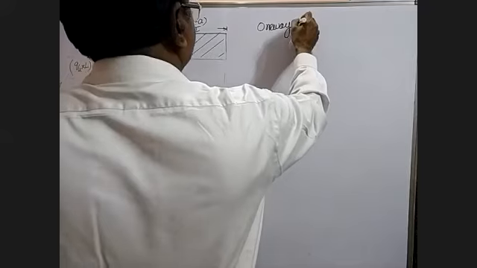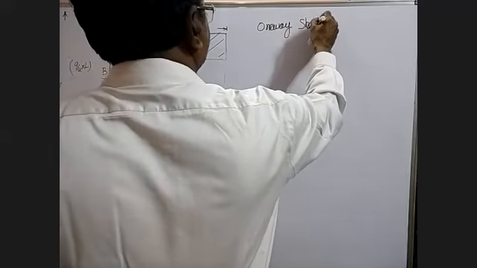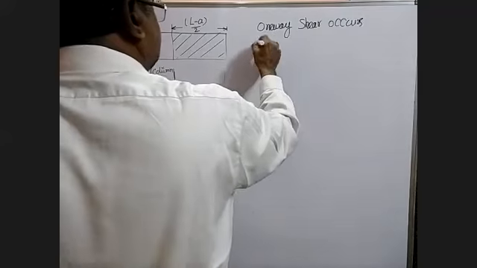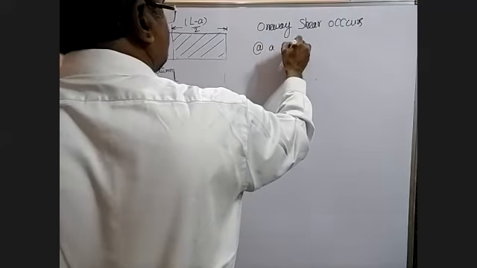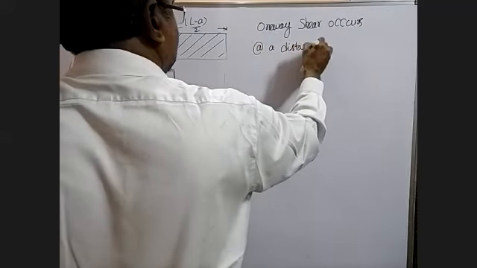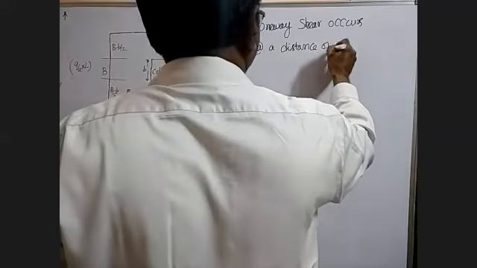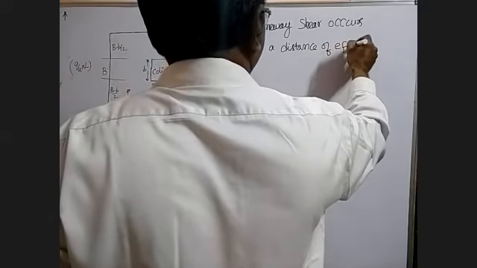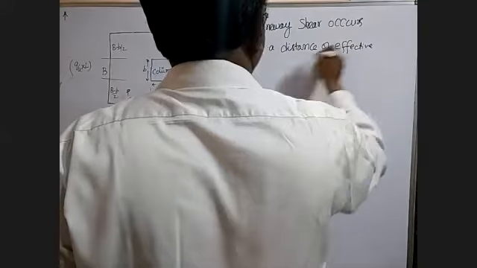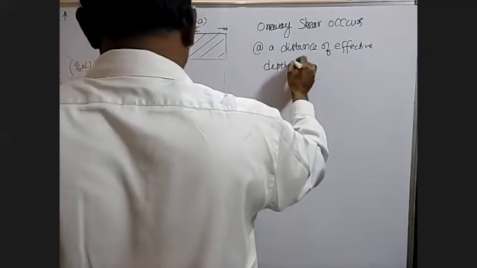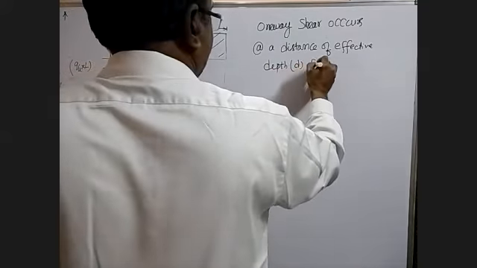One way shear occurs at a distance of effective depth D from the face of the column.